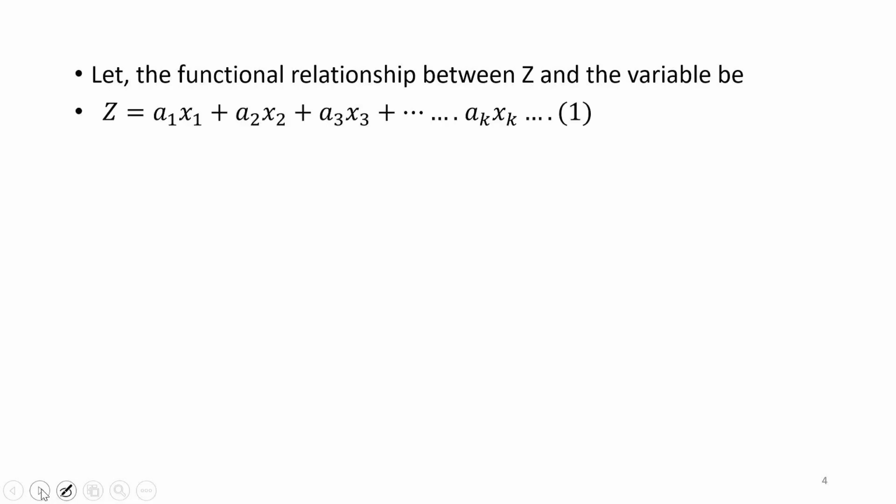Let the functional relationship between z and the variables be represented by this equation: z equal to a1 x1 plus a2 x2 plus a3 x3 up to ak xk. So this is a simple linear relationship between z and the variables from x1 to xk.